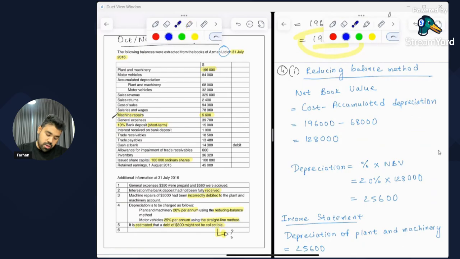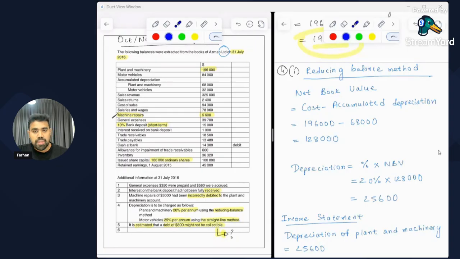Depreciation is to be charged as follows. We have the plant and machinery, which is depreciated at 20% per annum using the reducing balance method. And then we have motor vehicles, which is depreciated at 25% per annum using the straight line method. Let's start with the reducing balance method first.